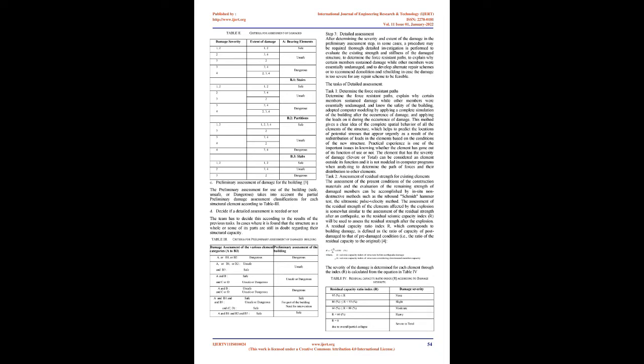B1, stairs. B2, partitions, infill masonry walls. B3, slabs. The preliminary assessment for use of the building, safe, unsafe, or dangerous, takes into account the partial preliminary damage assessment classifications for each structural element according to Table 3.